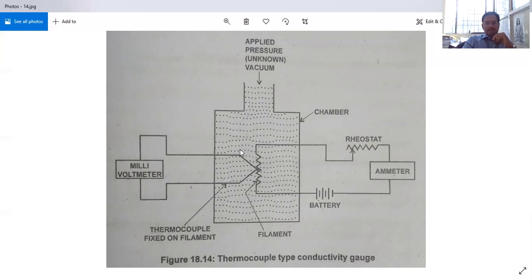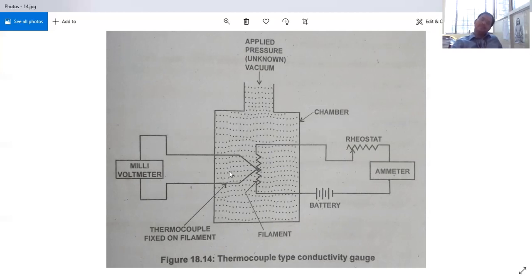In this type of gauge, let us see the construction. You have a separate chamber here. This chamber is made up of insulating materials because we have some electrical supplies here. You have a battery and a rheostat supply here, and on the other hand we also have the thermocouple arrangement on the left side.